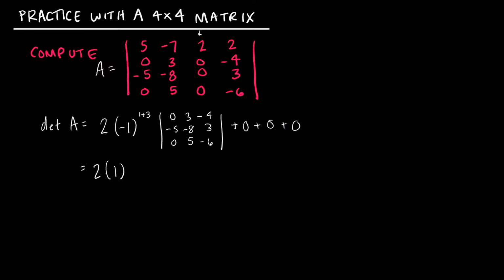And then I need to now find the determinant of this. So how do I find the determinant of a 3 by 3? Well, lucky us, we already know how to do that. We're going to choose a row or column, and I'm choosing this column.